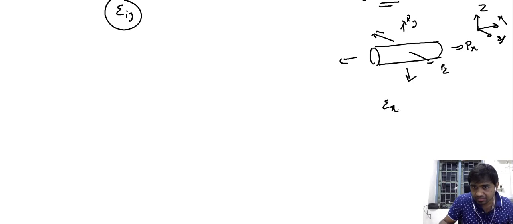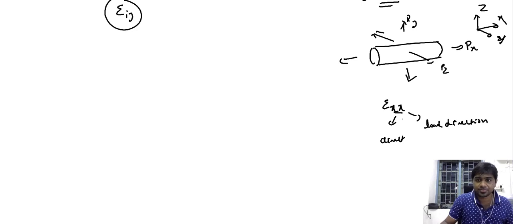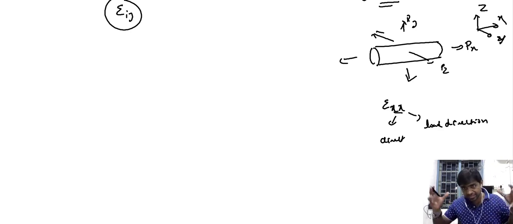So the first index represents the direction of the strain, and the second index represents the load direction that is responsible for that strain. So the strain along the x direction is largely due to the load that is acting along the x direction.